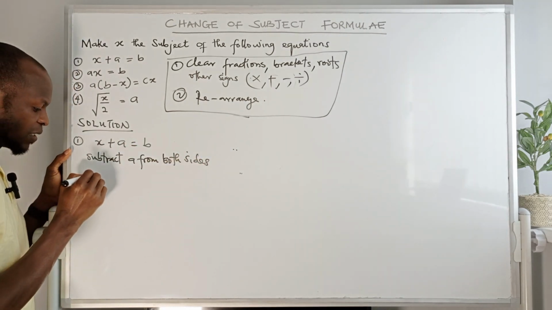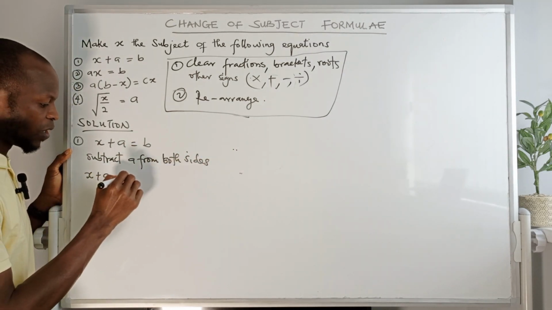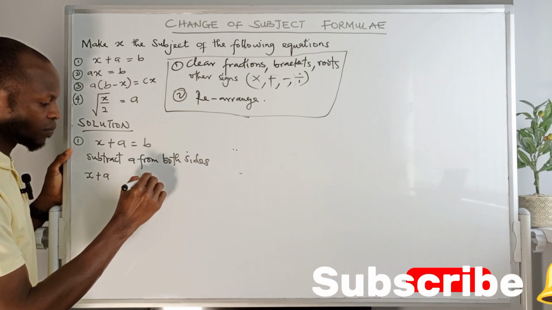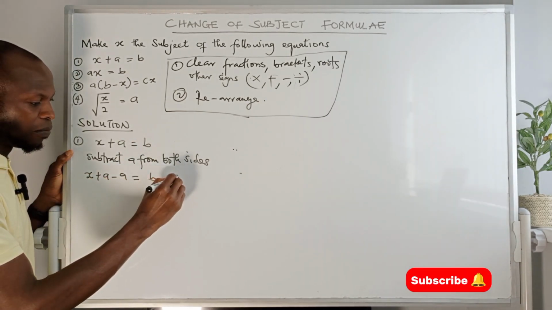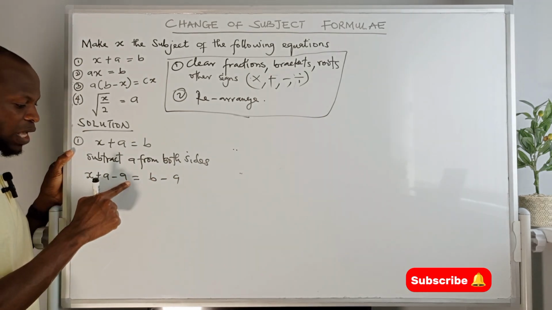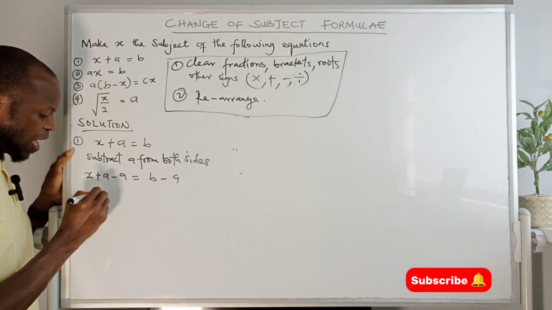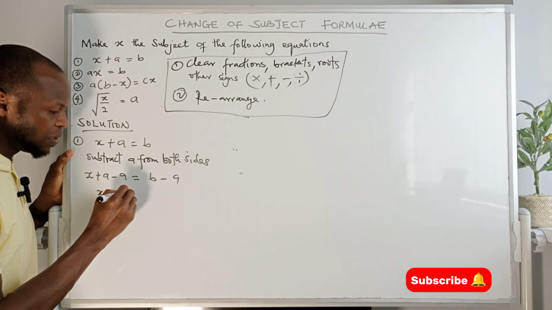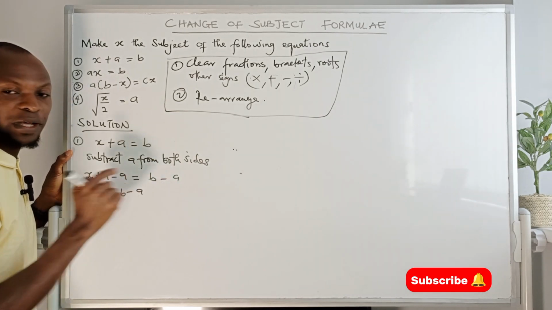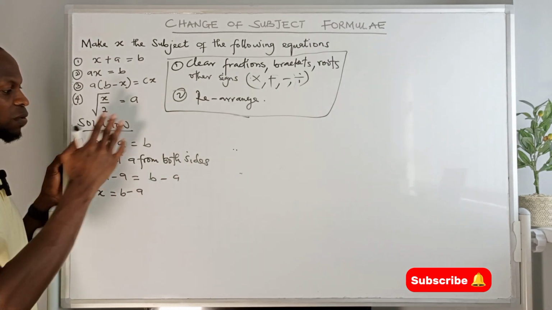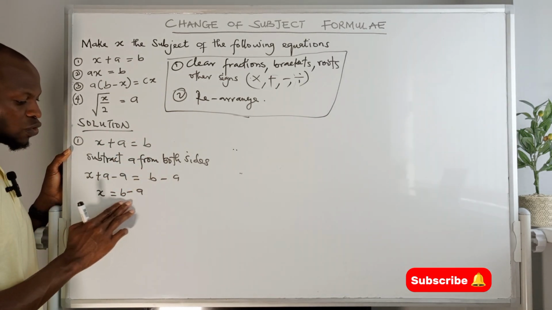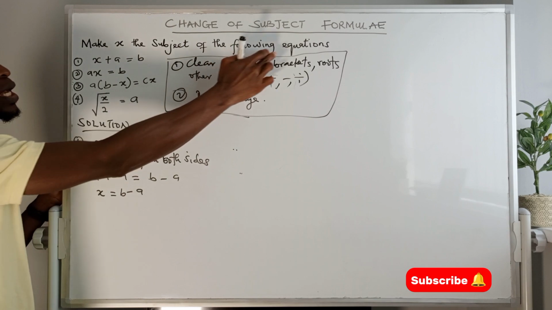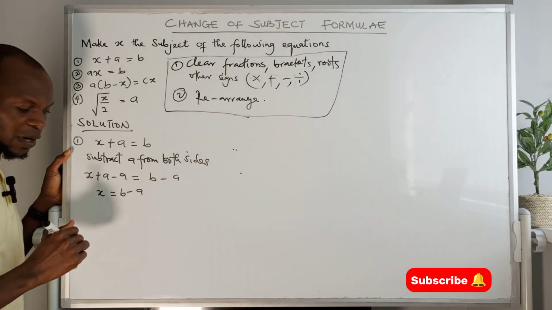I have x plus a equals b. If I subtract a from both sides, plus a minus a will give me 0. So I have x equals b minus a. Do you get it now? So I have changed the subject of formula from x plus a equals b to x equals b minus a, because I'm asked to make x the subject of formula.